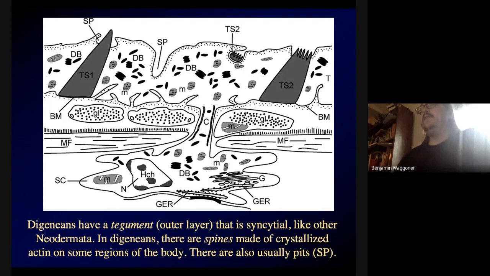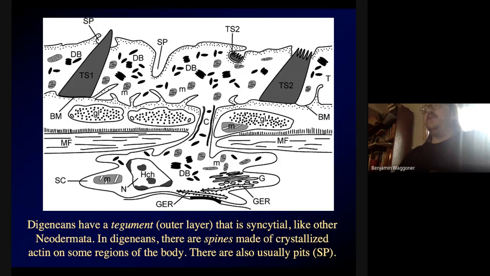And right at the center, there's a letter C that is marking that process, that extension that the cyton sends up between the muscle layers. One of those muscle layers is labeled MF, and then they come up over the muscle layers and spread out. And the top layer that you're seeing with all of the grains and granules in it, that's the tegument. That's the secondary epidermis that replaces the ciliated epidermis.